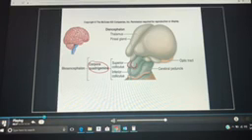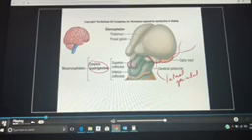You have here your visual pathway. Okay, you have here your optic nerve, going back towards your chiasm, and then you have your optic tract here. And notice how this continues onward to this bulge right here. This is the lateral geniculate body, and this will continue towards the superior colliculus for visual input.